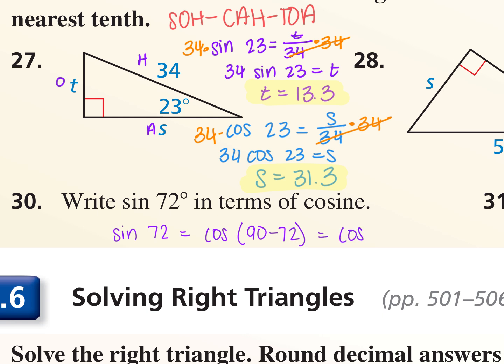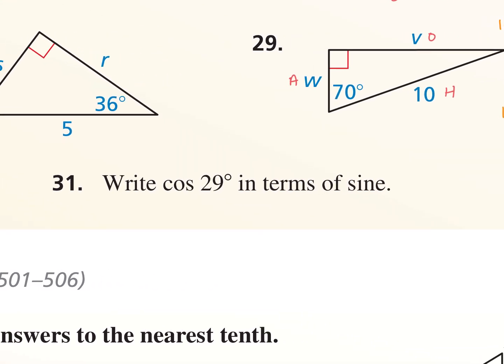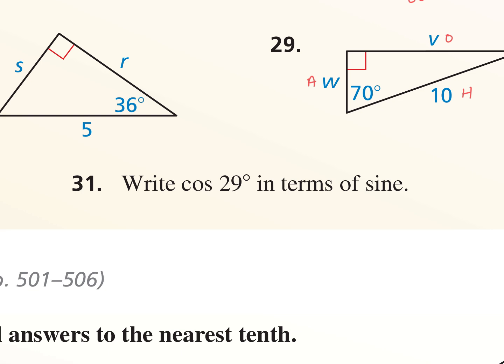So your answer is cosine 18. All right, and then doing 31, the same thing. If they're giving you cosine 29, it's going to equal sine of 90 minus 29. So if you subtract it correctly, it equals sine 61.